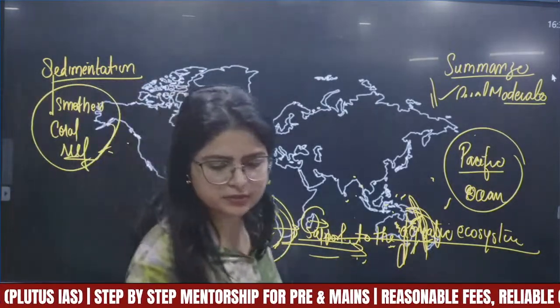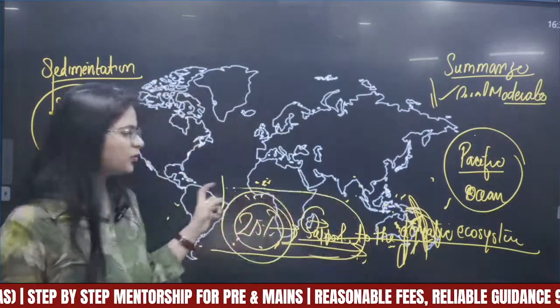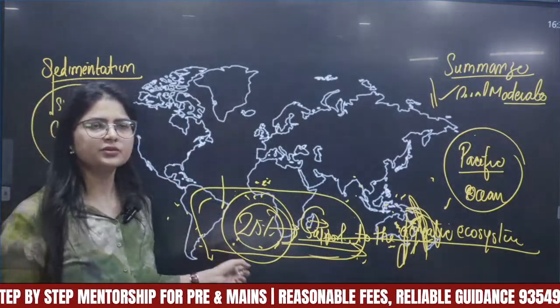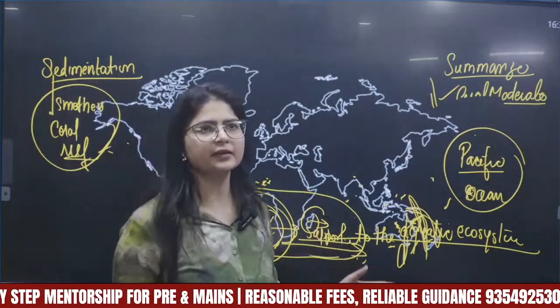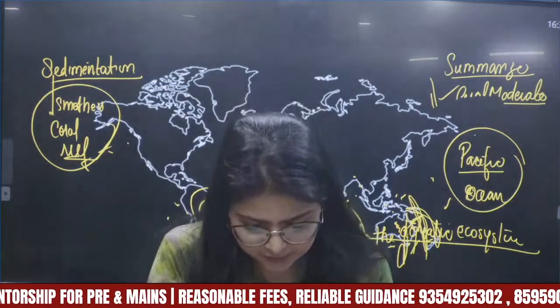Now this statement makes sense. 25% support to the marine ecosystem. How? Because they are providing support, shelter, food to 25% of the marine species.